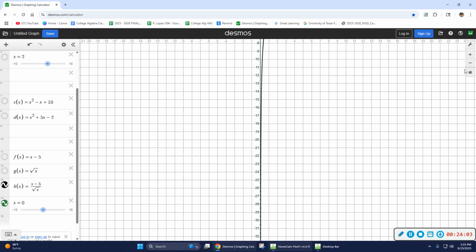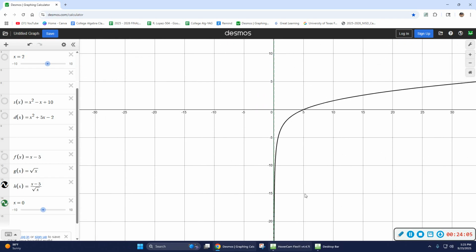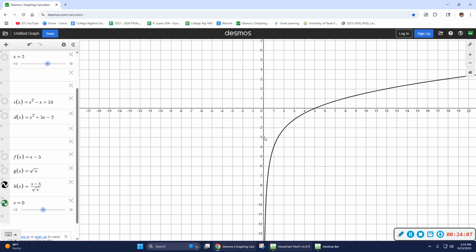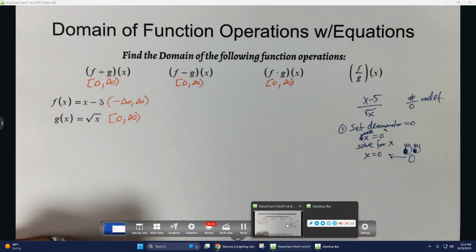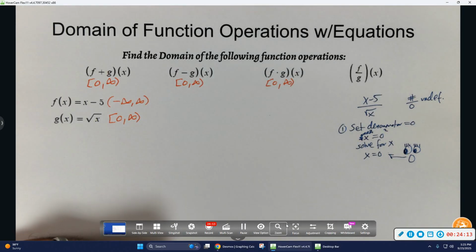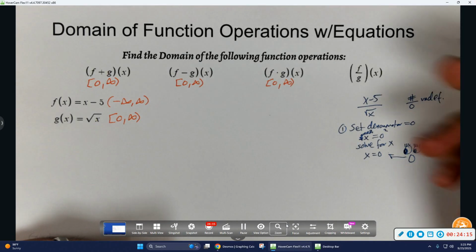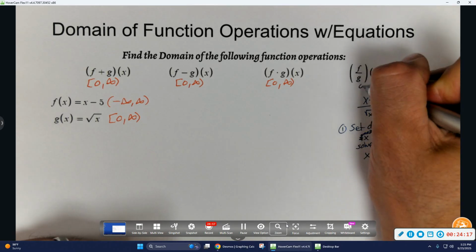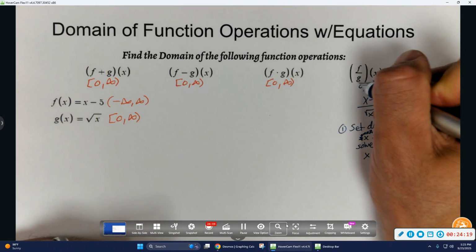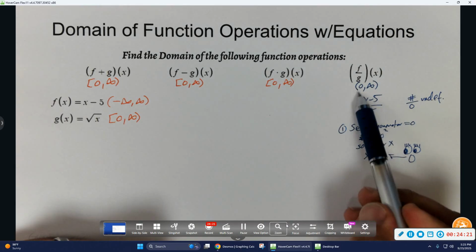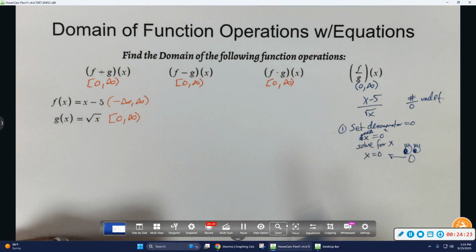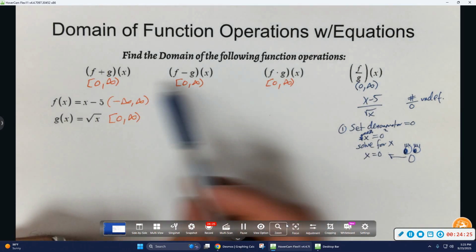Decimals and your calculators are very helpful here to identify what's really happening at certain locations. So the domain changes a little bit. This one will be from 0 to infinity as well, but we're going to use the parentheses because 0 does not exist in this graph, while it does in the other ones.